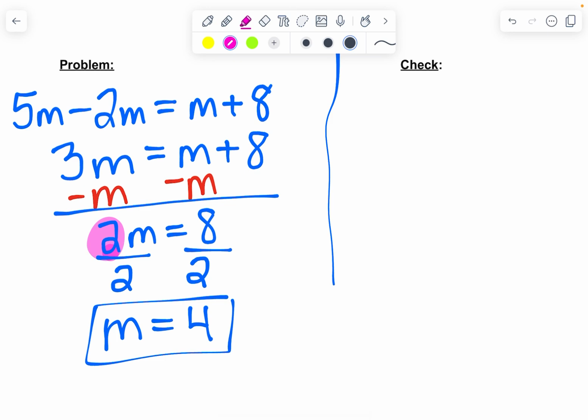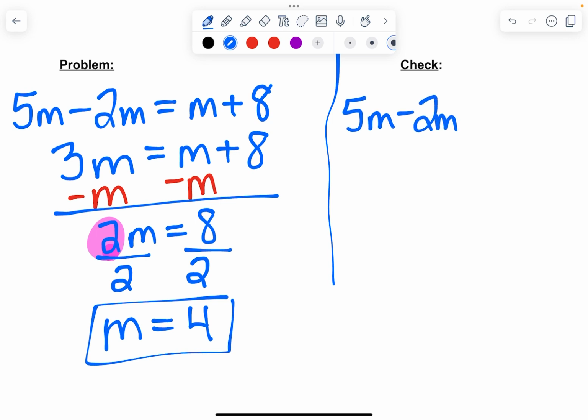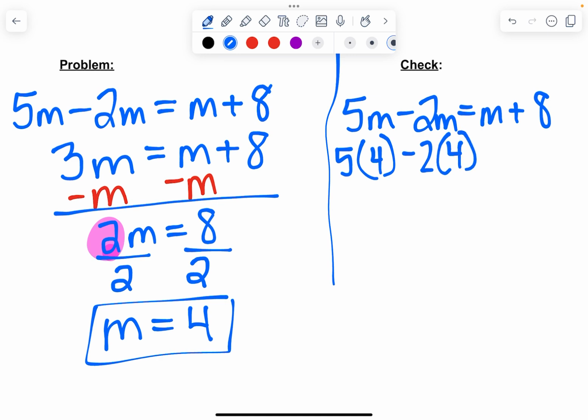All right, now we're going to go ahead and do our check. And the check you're going to notice is identical to what we did before. So this actually should be the easiest part. So I'm going to go 5, I'm going to take out the m and I'm going to put in a 4, minus 2 parentheses 4, equals parentheses 4 plus 8. One step at a time, I'm going to multiply.